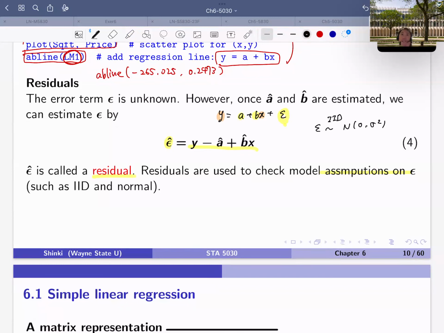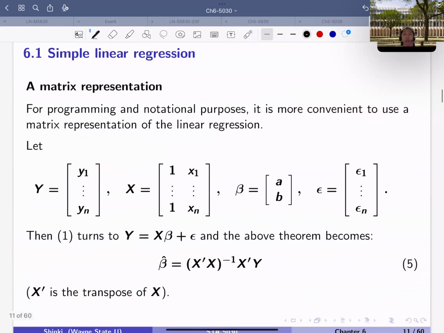Actually, epsilon and epsilon hat are different quantities, so we cannot exactly check epsilon, but often those two quantities are almost the same. So we check epsilon hat to see the assumptions of epsilon. Do you have any questions?